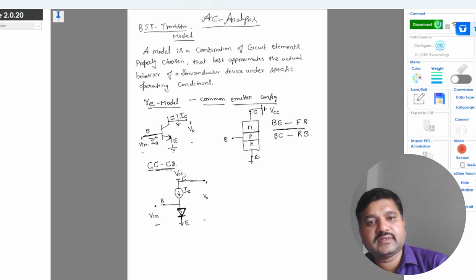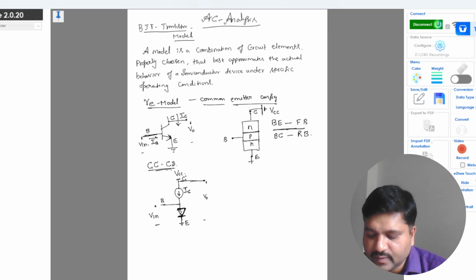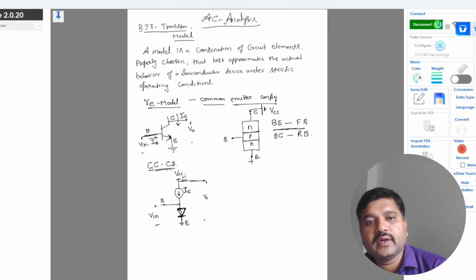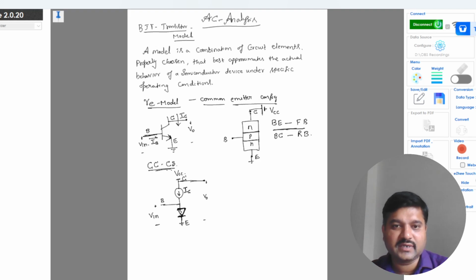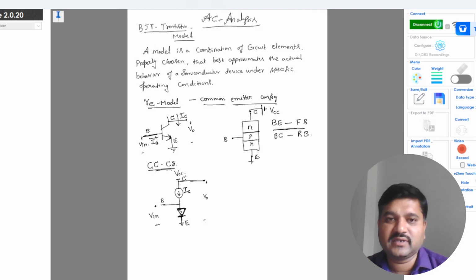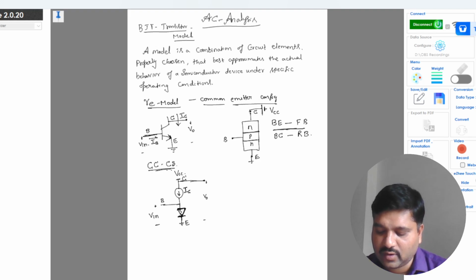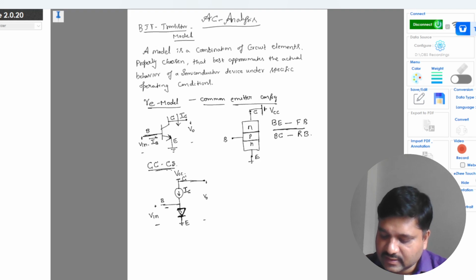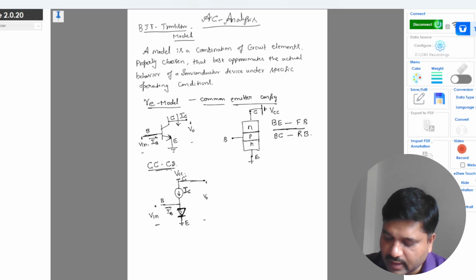You have to make this base emitter junction forward biased in order to get the current IC from collector to emitter. So this is the diode model first. Then we replace this diode with an equivalent resistance to represent the resistance model. So this is the input current IB which decides your output current IC.